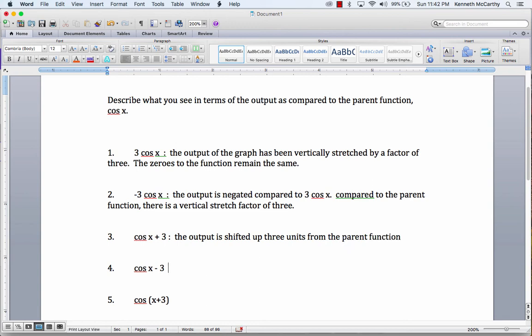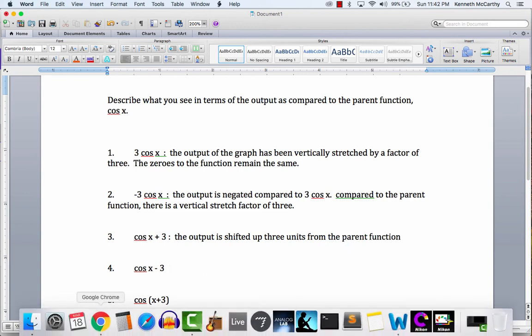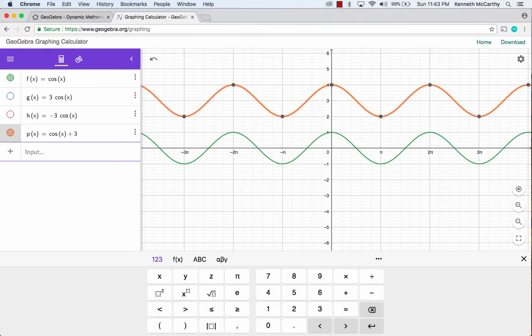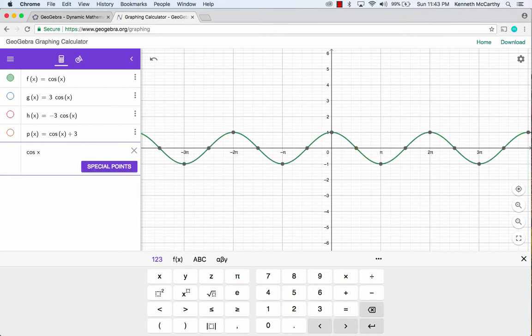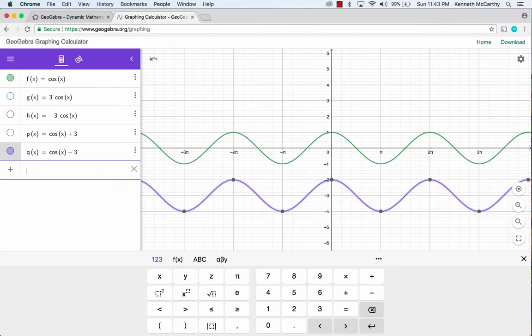Okay, cosine x minus 3, we haven't done it yet, but we would expect, here's cosine x, right? So I do cosine x minus 3. And the new graph here, I believe it's blue or purple, has been vertically shifted down 3 units.